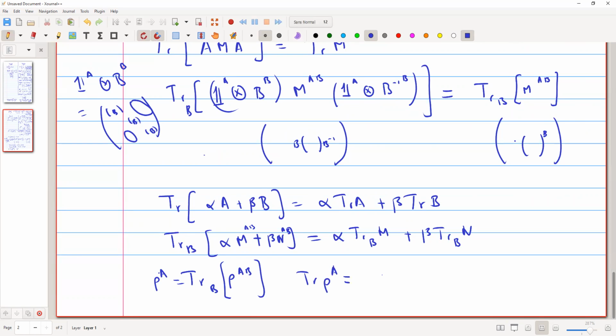Okay, so trace of rho A means I'm now even discarding the system A. So this in our fancy notation is first take the partial trace over B of rho AB, then take the partial trace over A, but this is nothing but the full trace. As you can guess.